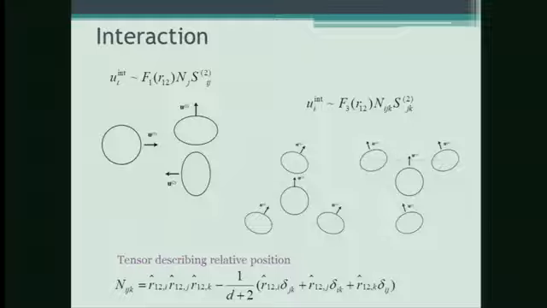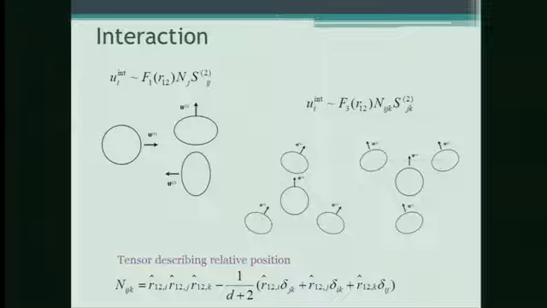And an interesting thing happens for the next contribution, which is some function of the distance between two droplets, depending on the size, the second mode of the droplet times some strange tensors. This tensor gives the relative position between the droplets. So this tensor is explicitly written like this.